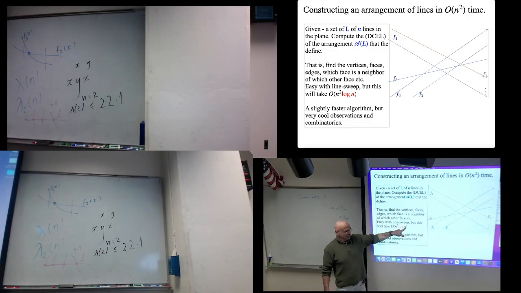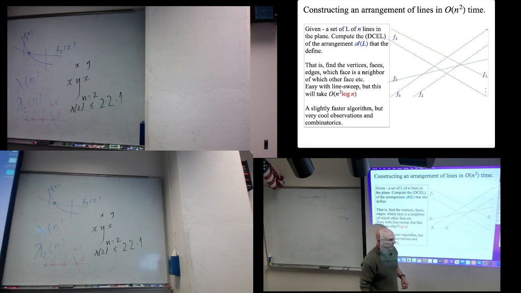You all know, I hope, how to compute the arrangement using line sweep. Think about each line as a very long segment. Line sweep takes how much time? N log n plus the number of events times log n. The number of events, the number of crossings, is n squared, so it's n squared log n. And I want to show you an algorithm that will run in time linear in n squared.